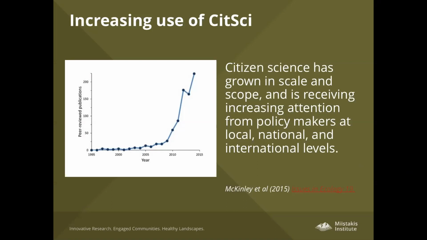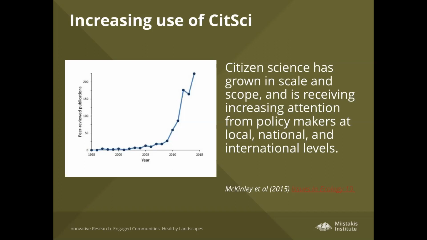One is just the evolution and accessibility of technical tools. A lot of that is mobile apps, which really facilitate the collection and dissemination of information. And secondly, a greater appreciation by professional scientists and others that the public represents a really valuable source of skills, labor, and computational power to contribute to citizen science.